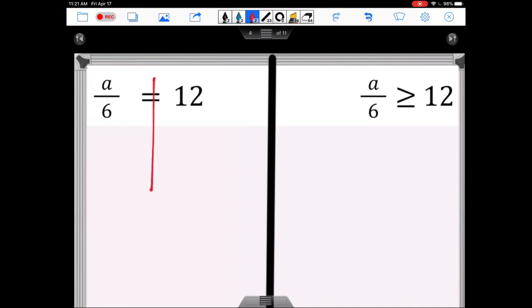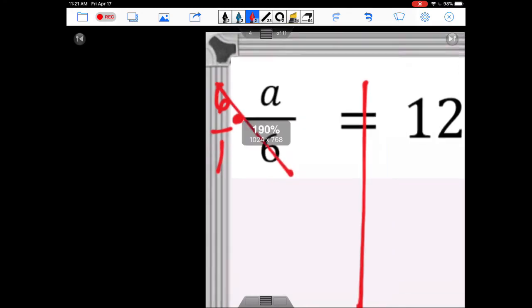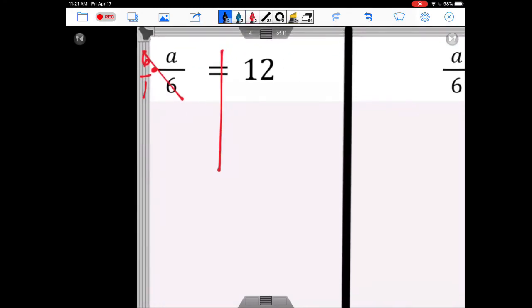So if we draw our line down our equal sign, we're going to actually multiply by 6 over 1. And 6 over 1 times the 1 over 6 leaves us with 1. So we're multiplying by 1. That just leaves us with our variable of a. But whatever we do to one side, we have to do to the other.